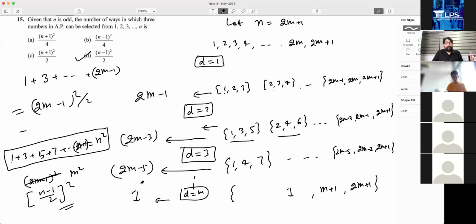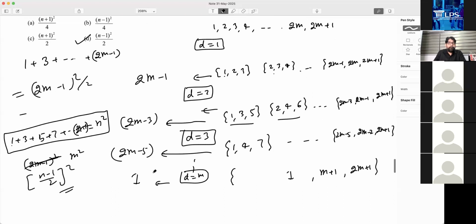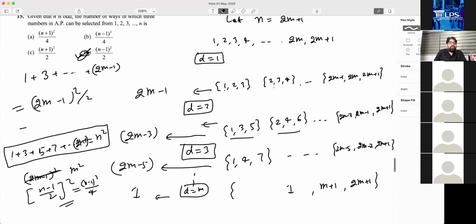Sir, option B, right? n minus 1 square by 4. Yes, because we are doing whole square, n minus 1 by 2 whole square, I put it by 4. So n minus 1 whole square by 4. Oh, I'm sorry, option B.